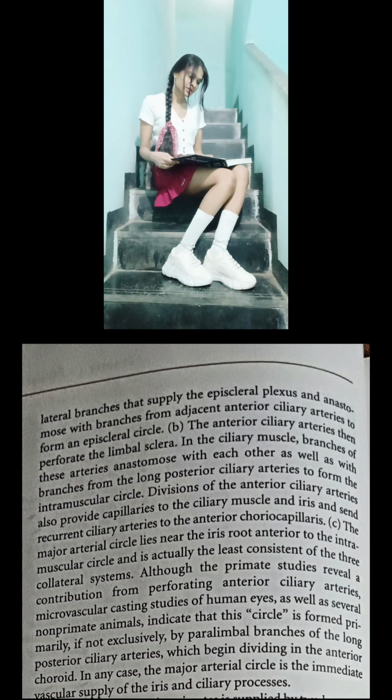Although the primate studies reveal a contribution from perforating anterior ciliary arteries, non-primate animals indicate that this circle is formed primarily, if not exclusively, by paralimbal branches of the long posterior ciliary arteries, which begin dividing in the anterior choroid. In any case, the major arterial circle is the immediate vascular supply of the iris and ciliary processes.